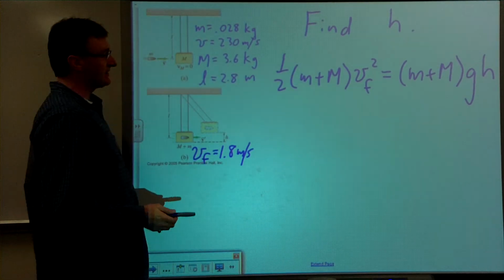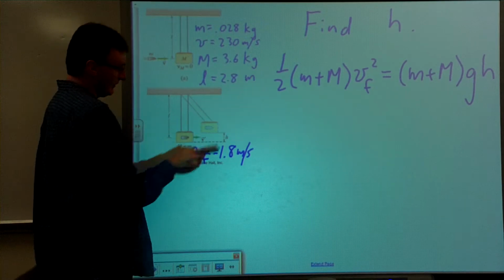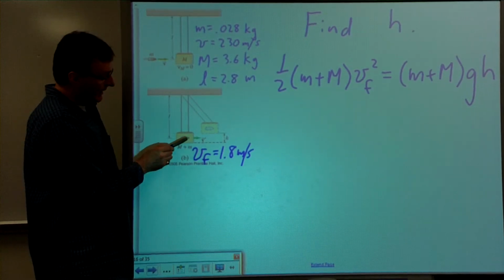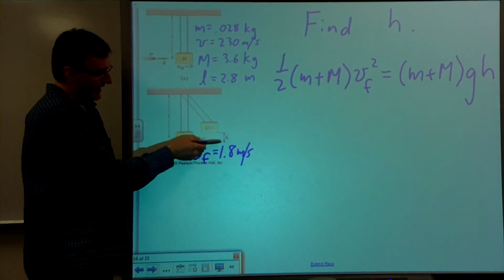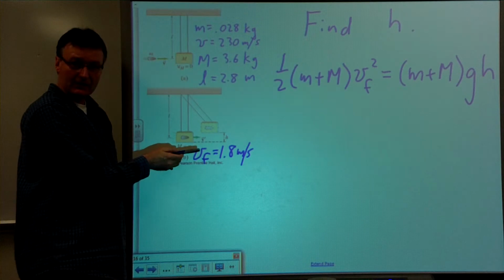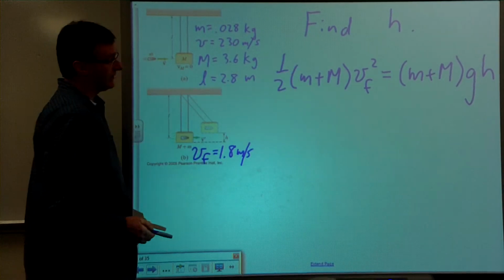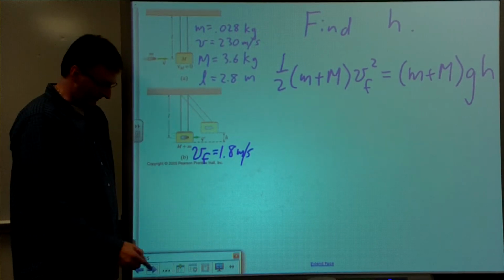All of the kinetic energy is being converted into potential energy, and once it reaches its maximum height, that is all potential energy. So we just use that equation: the initial kinetic energy has to equal the final potential energy.